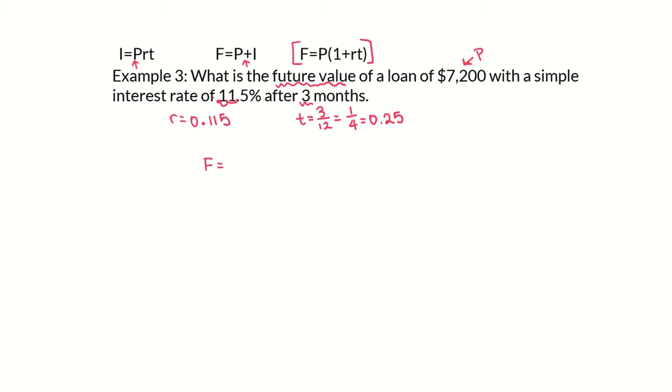F equals the principal P, $7,200, times 1 plus the rate, 0.115, multiplied by the time, 0.25. Calculating this, we get 7,407 as the future value of the loan.